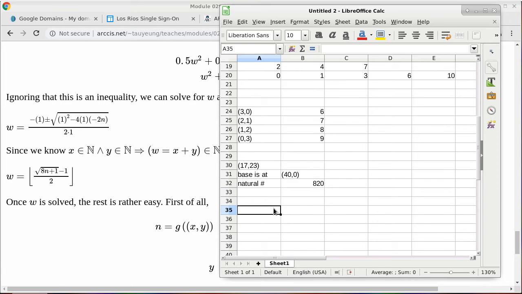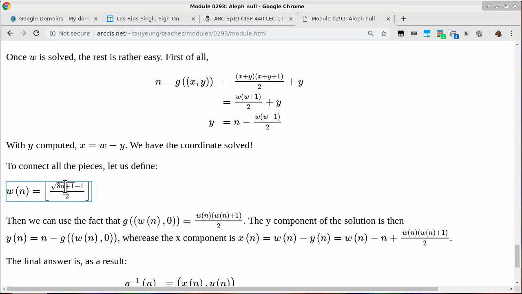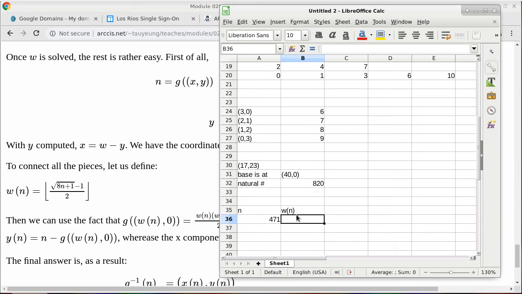And then we have a column for n and a column for W of n. So n is 471. We just have to apply this function here to figure out what W of n is. Okay, so W of n is defined here. I just have to enter that into the spreadsheet. So we get the floor of the square root.